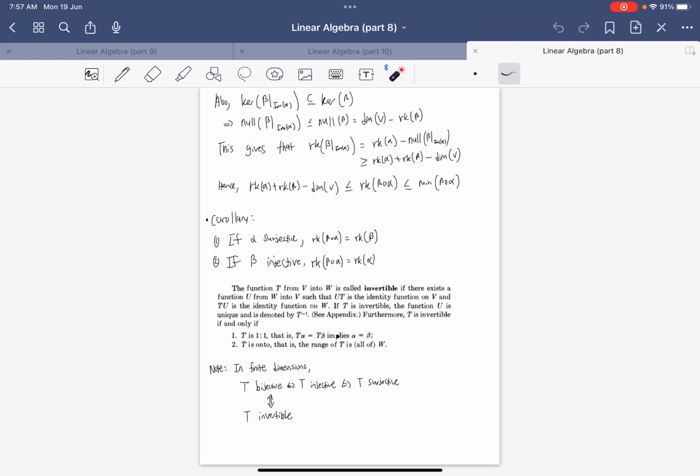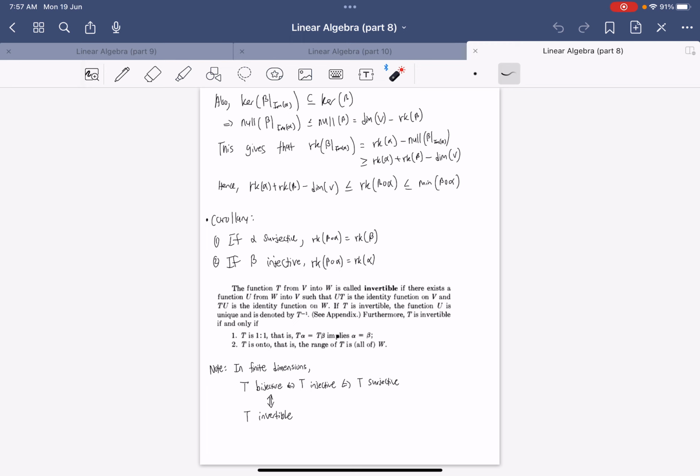Now we know that the kernel of beta restricted to the image of alpha must be a subset of the kernel of beta, which implies that its nullity must be less than or equal to the nullity of beta, which equals the dimension of V minus the rank of beta.